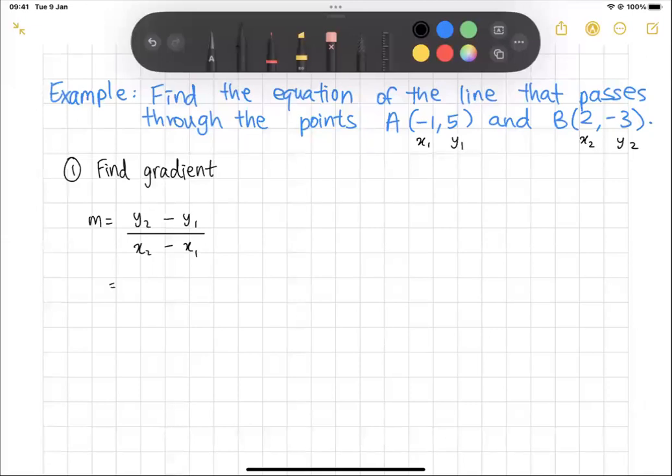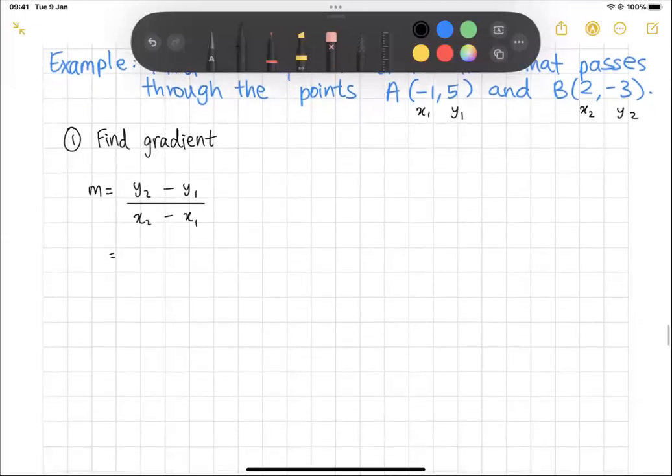So thankfully I have labeled, and so I'm going to just sub in what my y2 is, which is -3, minus my y1, which is 5, all over my x2, which is 2, minus my x1, which is -1. I put it in the brackets so that I can identify that it is separate.